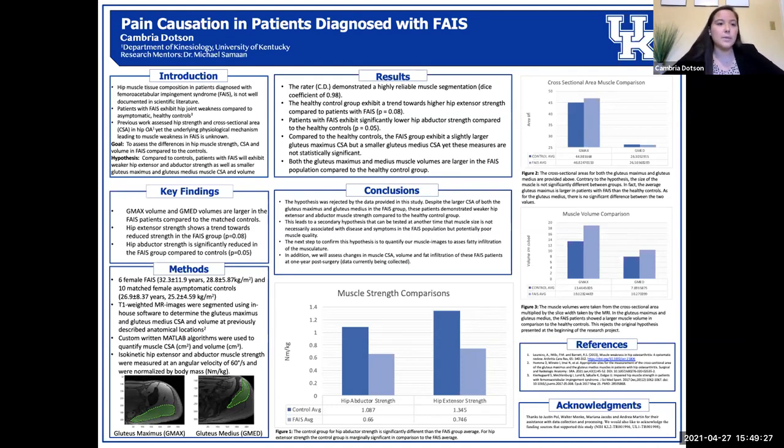And a lot of times it ends up in surgical intervention, which is a big primary part of Dr. Saman's study. He's looking at their pain beforehand and then a year after surgery. So we currently have some patients that are included in this data here who are going to be going through that surgical intervention. And then we're going to test their muscular strength and all that after as well.